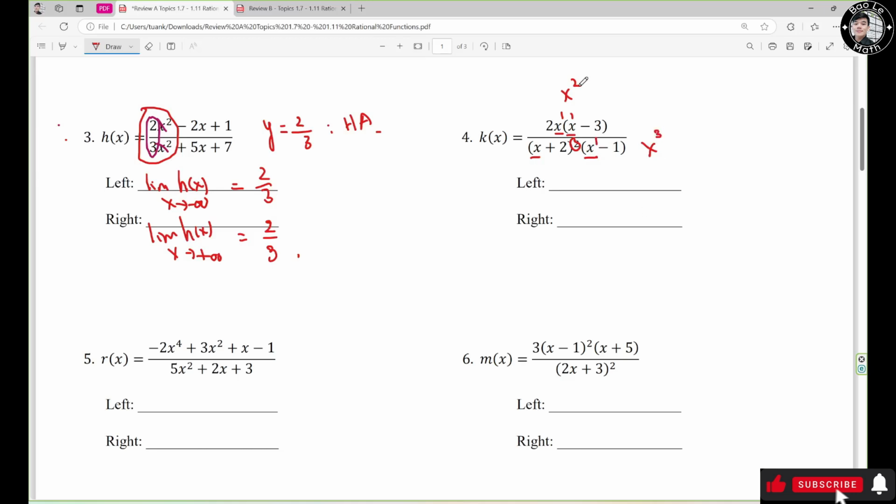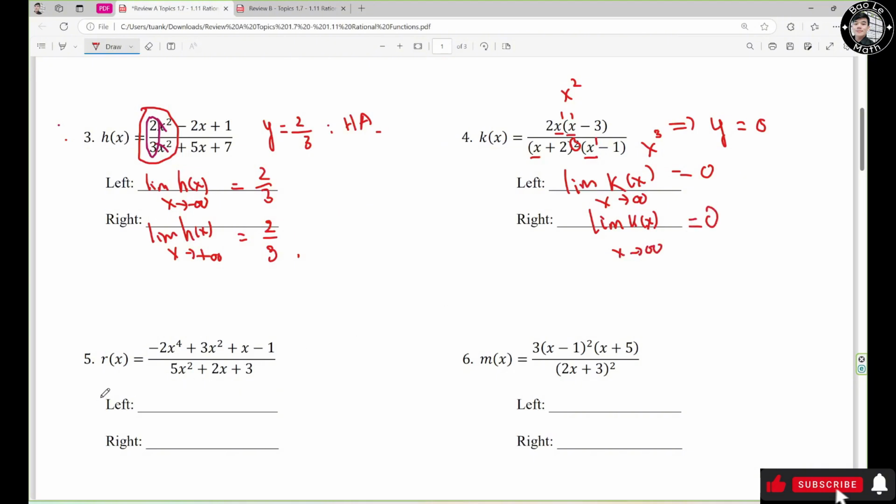Because the degree on the numerator is 1 less than the degree on the denominator, the function has the horizontal asymptote y equals 0, right? So keep that in mind. So limit of the function k of s when s approaches infinity equals 0. Limit of the function k of s when s approaches negative infinity is still 0.